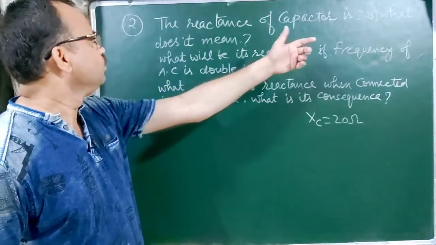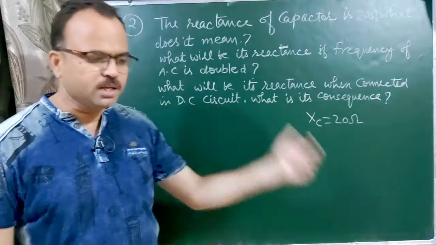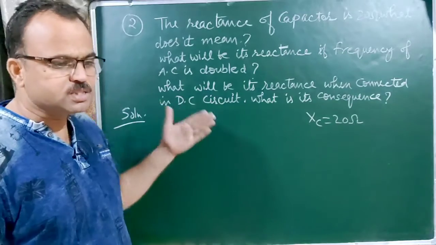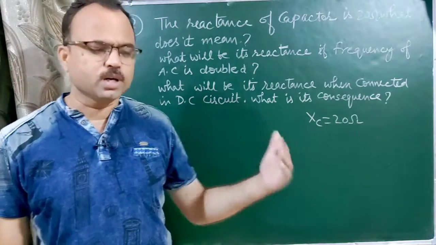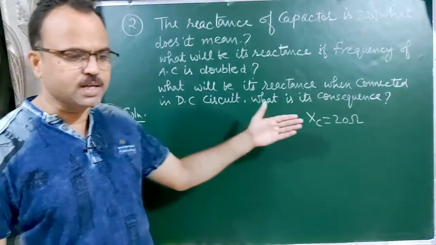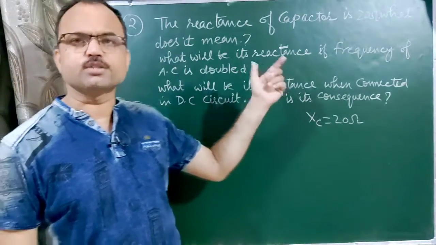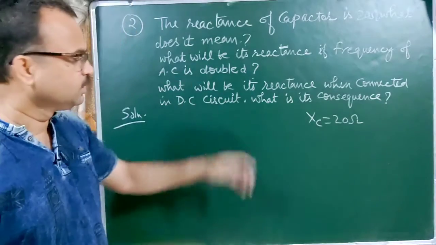But here we have to write what does it mean. The reactance of capacitor 20 ohm means that the hindrance offered by it to the flow of AC at a specific frequency is equivalent to the resistance of 20 ohm, right?